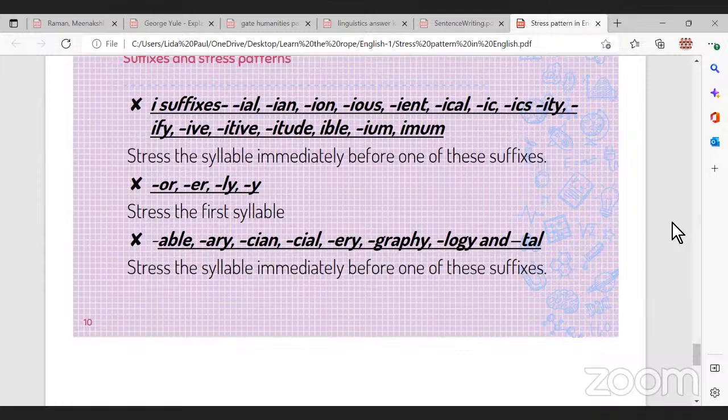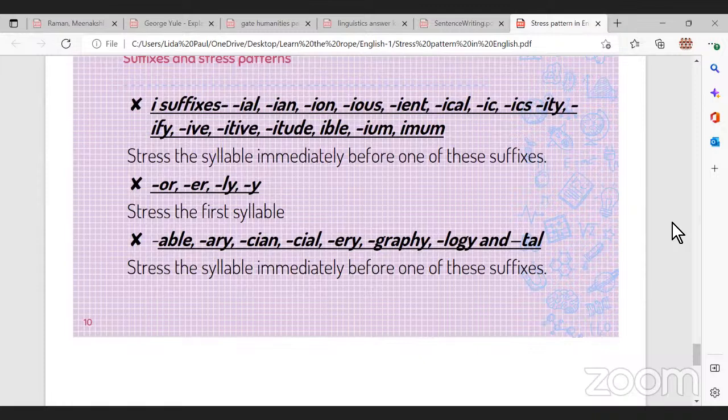All these suffixes will take it on the penultimate syllable, the syllable right before the suffix. Similarly, able, ary, ery, graphy, logy, tal, all of them are also the kind of suffixes which will take it on the penultimate syllable. So say something like psychology. How would you stress the word psychology? Where will you stress it?